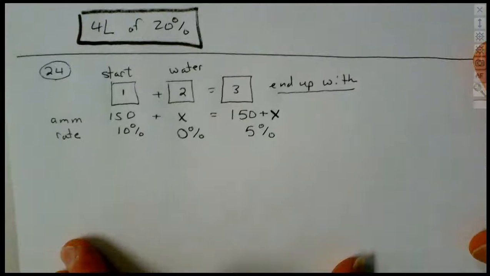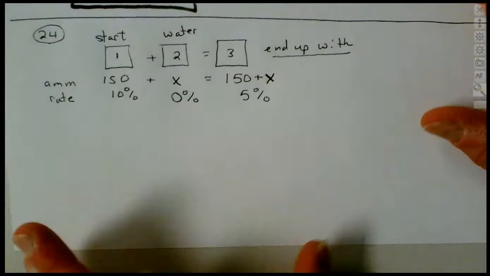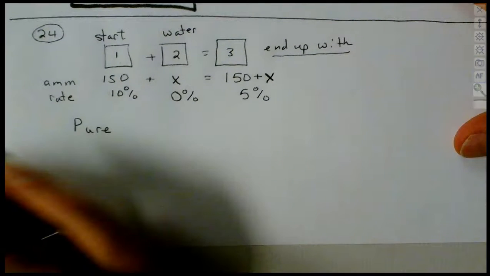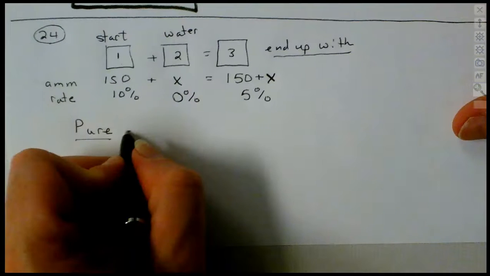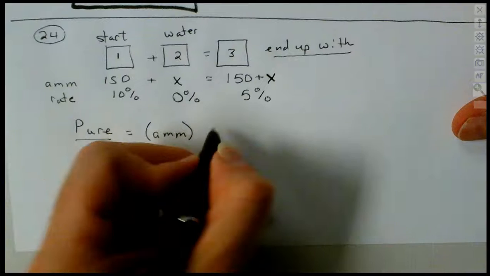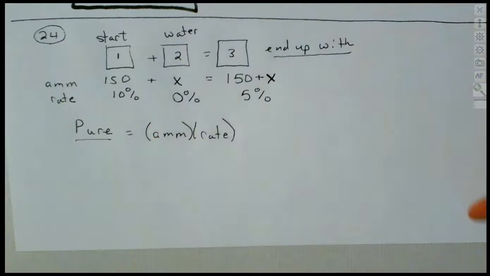Now we can go ahead and come up with our equation using our pure. So pure again is the amount times the percentage rate. So amount times the rate.